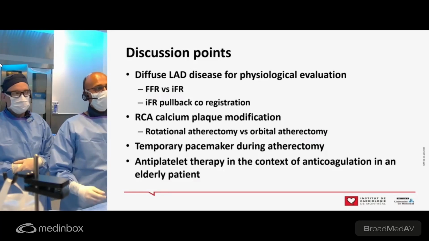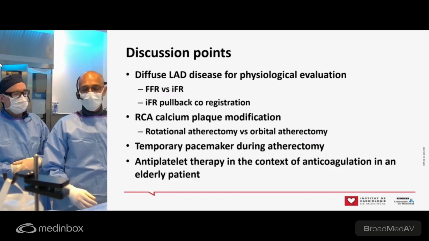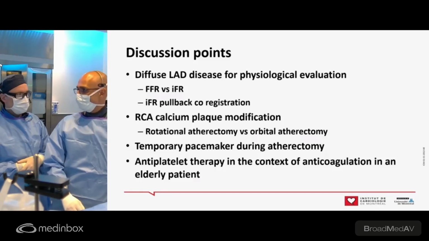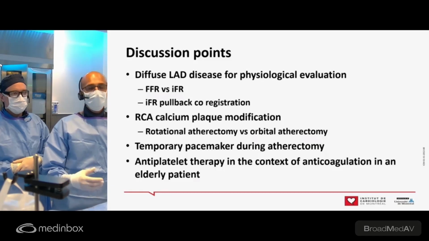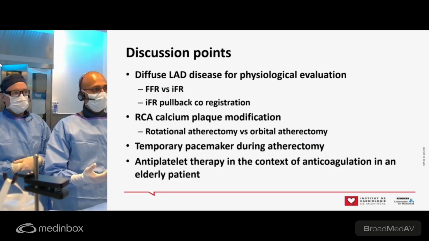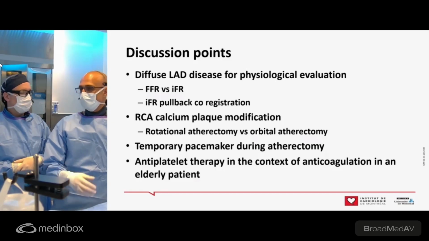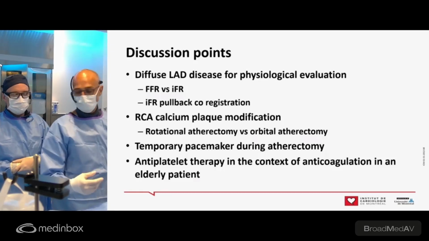And from my experience with proximal subtotal lesions, rotational atherectomy tends to have better access to the vessel because of the higher speed, better penetration force. And I think if we use a 1.5 followed by a 1.75 burr, we might get access to some of that deep calcium if there is, but we'll find out once we start.